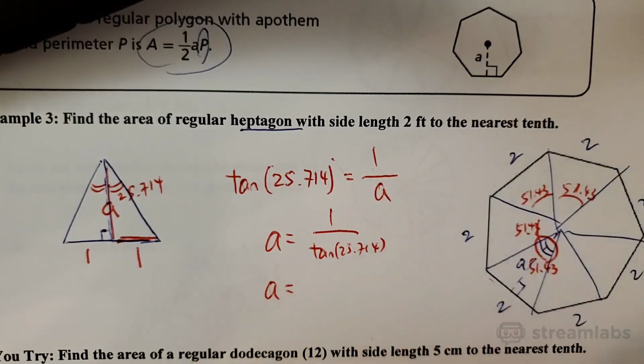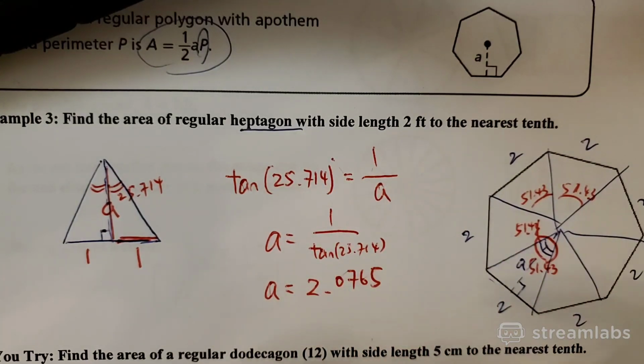Can someone tell me what that would be? Calculate this. 2.076.